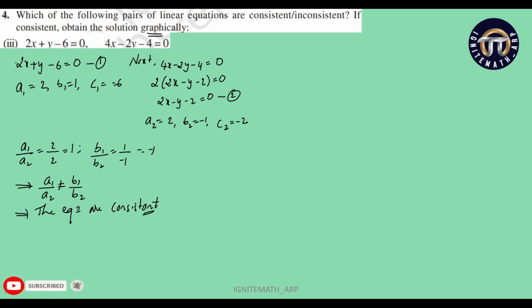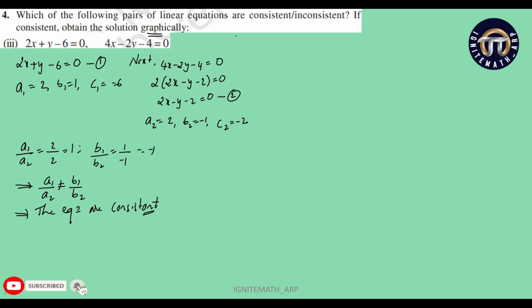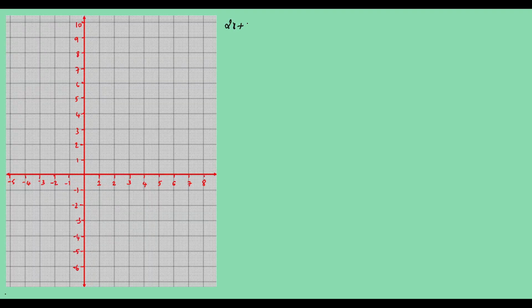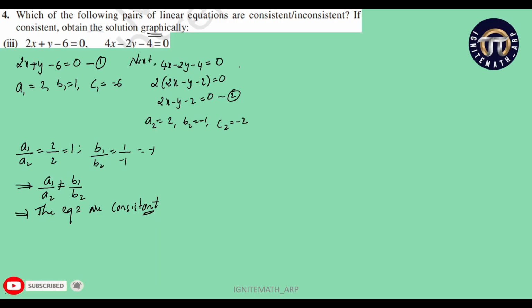What is the first equation now? 2x plus y minus 6 equal to 0. So now again I will take a graph. 2x plus y minus 6 equal to 0. I'll make y the subject of the formula. So the 6 is taken to the other side, and I will write y equals 6 minus 2x. The second equation is 2x minus y minus 2 equal to 0.